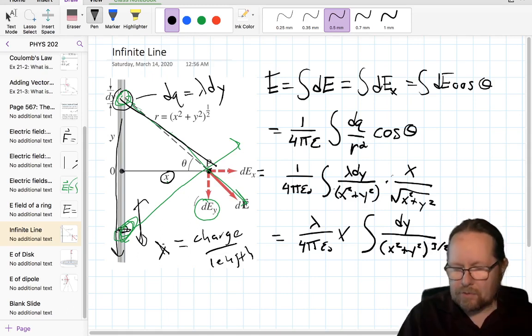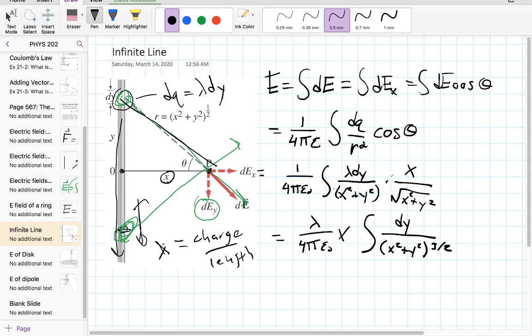And what are our limits of integration? Our line goes from y equals minus infinity to y equals plus infinity. So the limits of integration for integrating that whole line, getting all the contributions of the electric field, are from minus infinity to infinity.